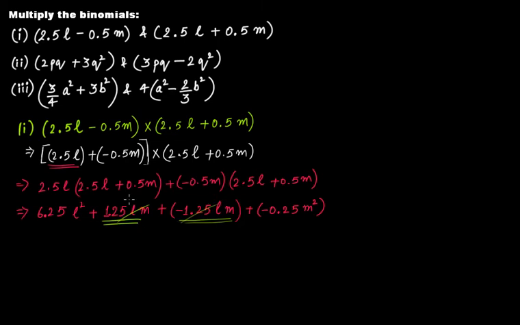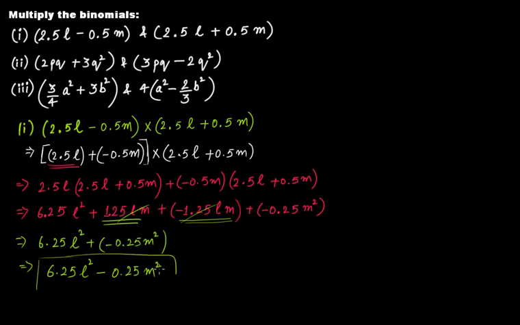Now you are left with 6.25 L squared, and here you have plus minus 0.25 M squared. If you open the bracket, you will get 6.25 L squared minus 0.25 M squared. This is your answer, using the usual way that we use.